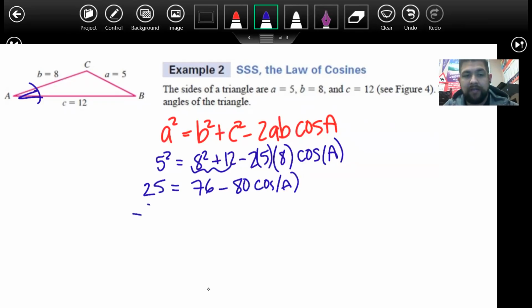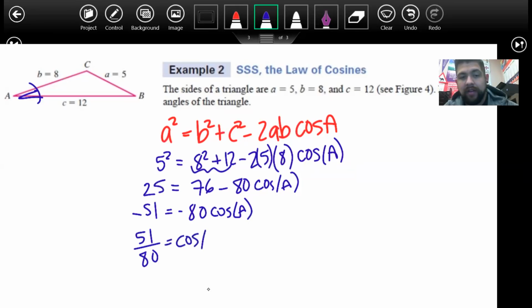We're going to get negative 51 is equal to negative 80 cosine of A. We divide both sides by 80 to get 51 over 80 is equal to cosine of A. In order to solve for angles, we need to use cosine inverse. So we're going to use cosine inverse of 51 over 80.